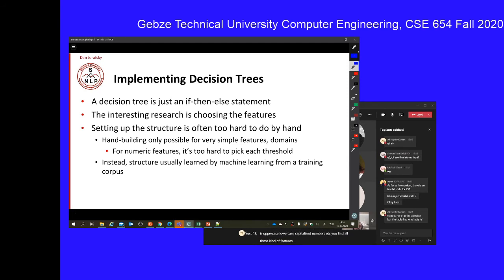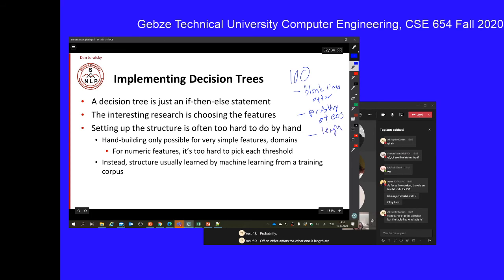Let's say you have 100 features. One of them is blank lines after. The other one is probability of end of sentence. The other one is length, etc.